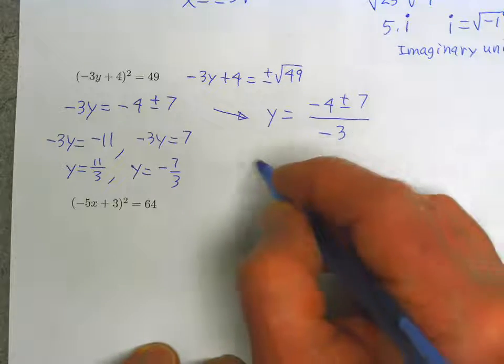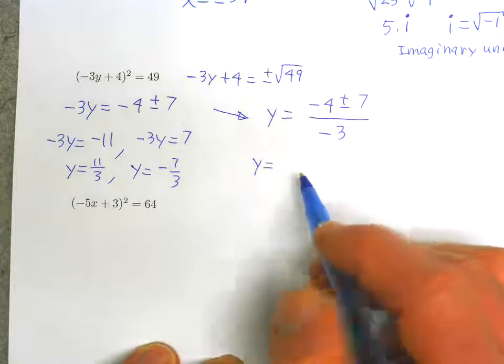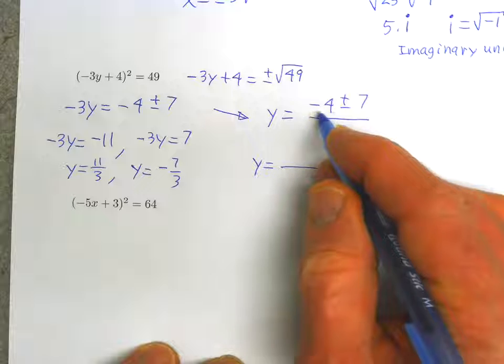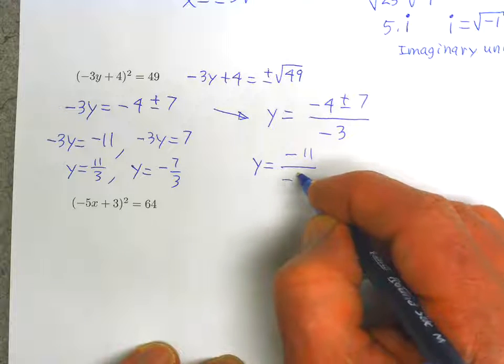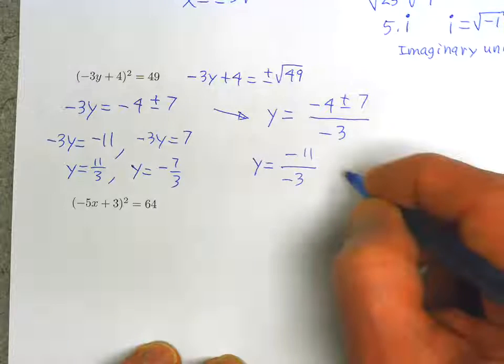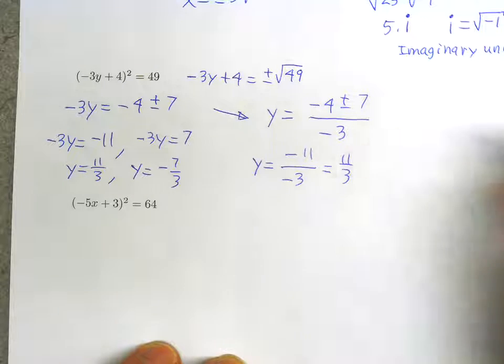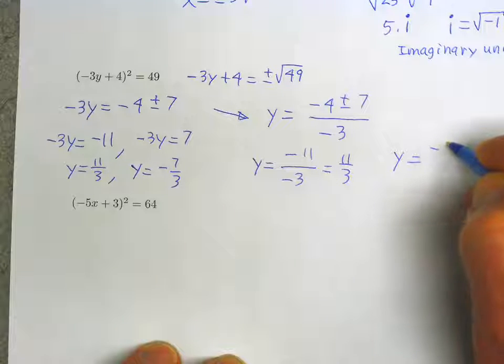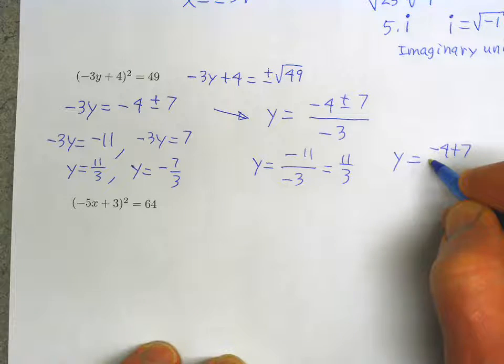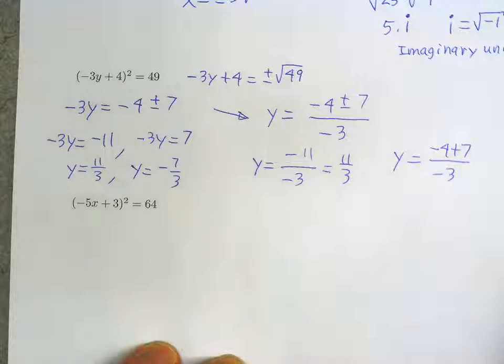So in one case, we can write the numerator as negative 4 minus 7, which is negative 11, and the denominator is negative 3, so that simplifies to 11/3. And then the other one, the numerator is negative 4 plus 7, all divided by negative 3.